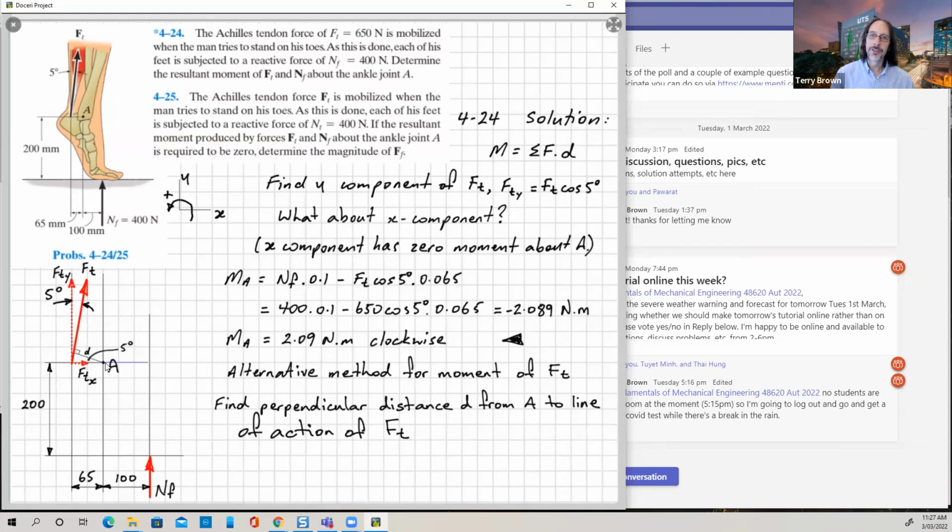We know the length of this line here, it's 65. So D will be just 0.065 cos 5 degrees. If we put Ft times D, we're going to get the same as what we had up here, just that the cos 5, instead of being attached to the force, is now attached to the distance.